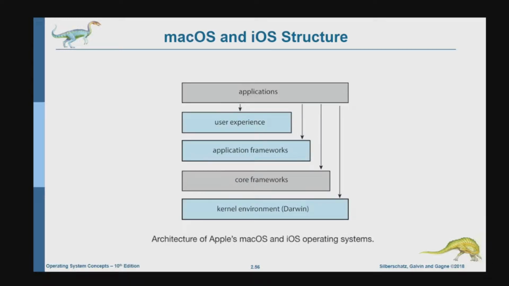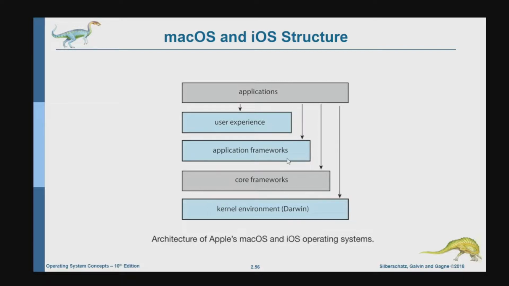Okay, we have Apple architecture for the Mac and for iOS, the iPhone, Apple's products. This refers to the architecture of Apple's macOS and iOS operating systems. We have the application, user experience, application framework, core framework, and kernel environment.